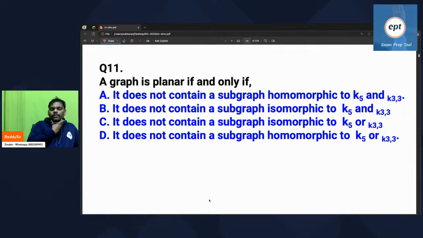Everyone try. Can you try, what will be the answer for this?